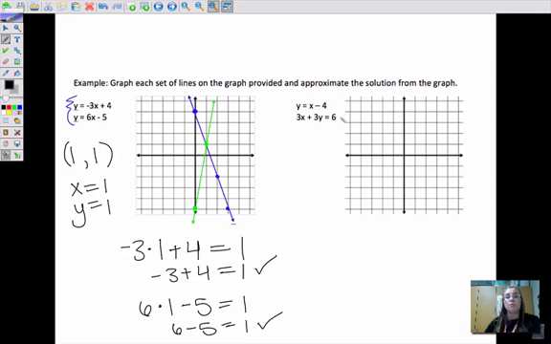Okay? Now, sometimes we're given an equation, for example like this, where it's not in slope-intercept form, so it's not easy to graph. So what I'm going to do is solve this for y.